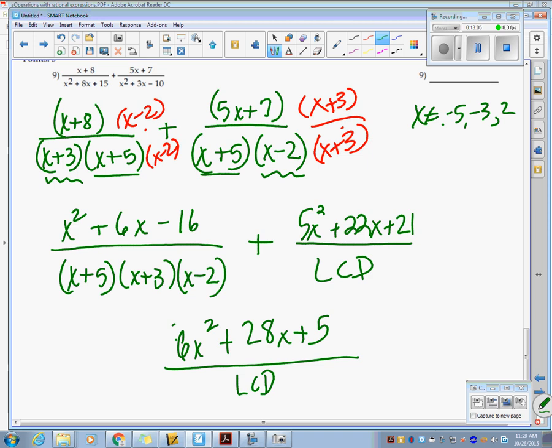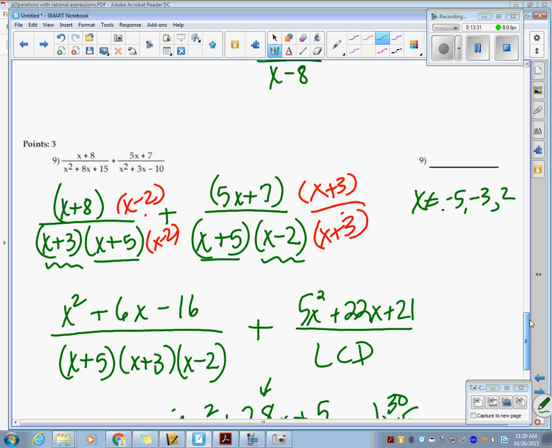6 times 5 is 30, so factors of 30 that add or subtract to give me 28. So I'm checking out 1 and 30, 2 and 15, 3 and 10, and 5 and 6. And none of those factors will add to give me 28. So at this point, I can say that my answer is complete.